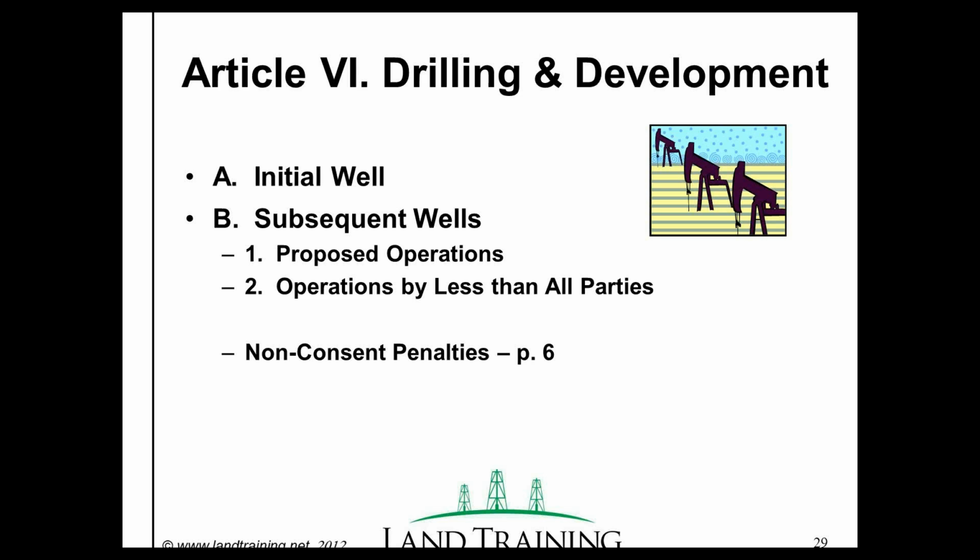So what Article 6 says is that for the initial well, the first well that we drill, everyone has to pay their fair share. You can't opt out of that first well. So everyone is in for the first well. So I want you to take something on your desk. Maybe you've got some paper clips there, some binder clips, or little pieces of paper, whatever it is.